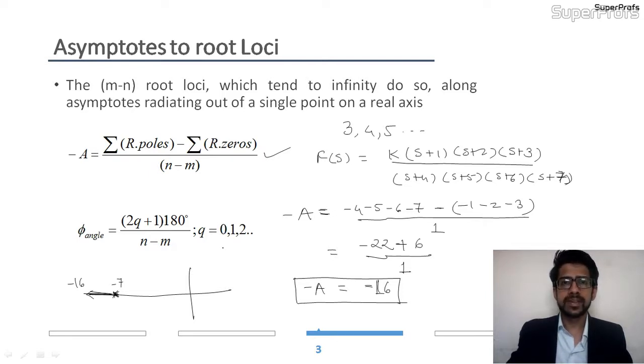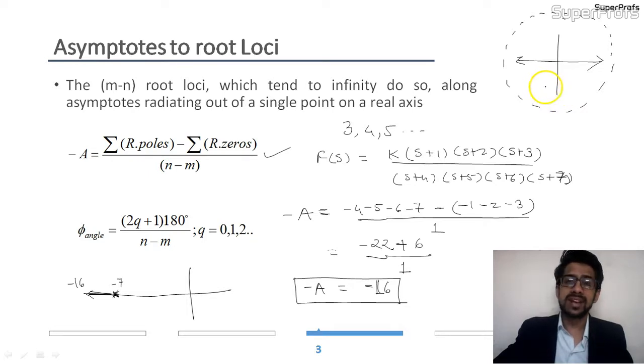Because in the S plane you have infinity in all directions. Not just in this direction or this direction. There is infinity at every direction, and that's why it is important to see at what angle that particular root loci segment travels towards infinity.